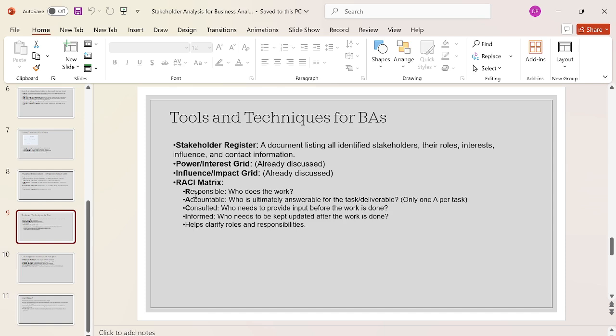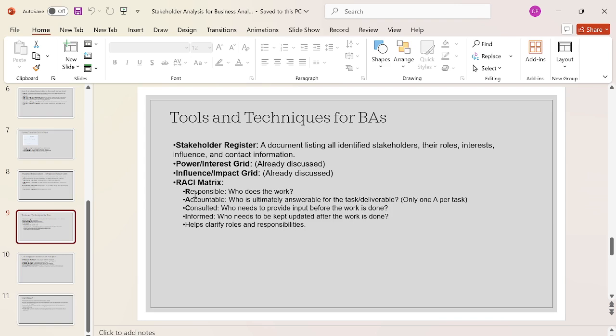Let's discuss the RACI matrix. Whenever the project starts, the business analyst needs to draw the RACI matrix. So whenever the requirement or the design is completed, he knows which stakeholders need to understand the requirement.